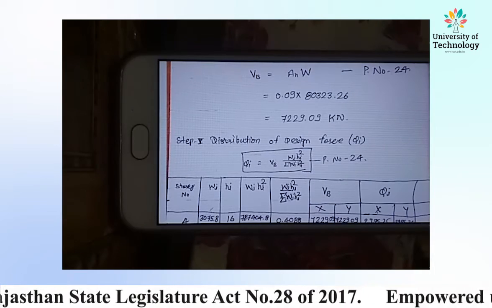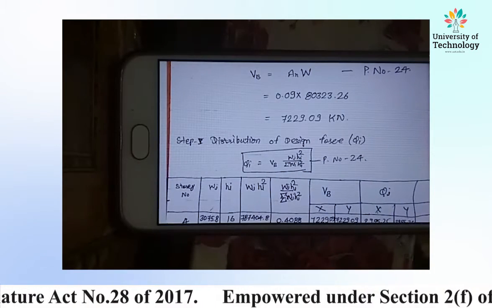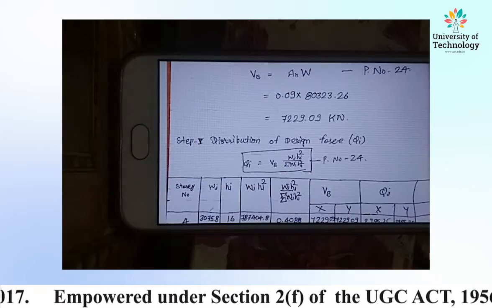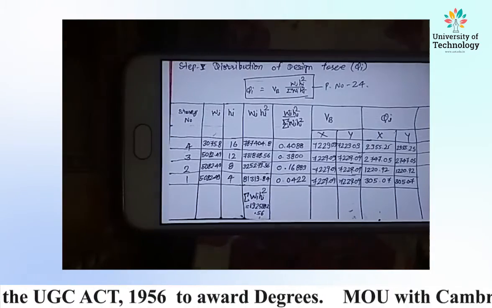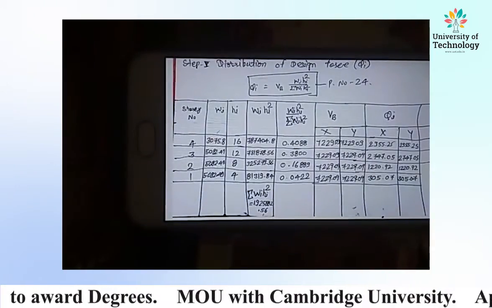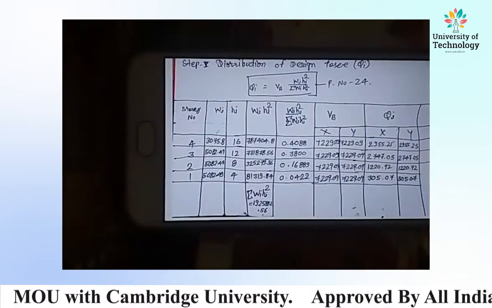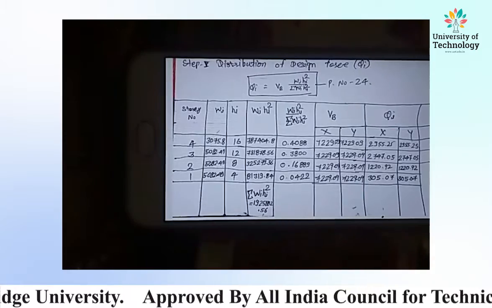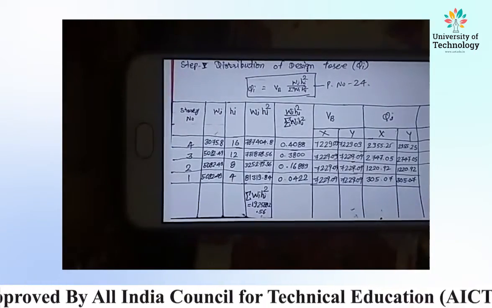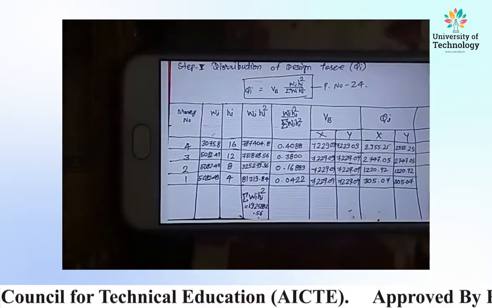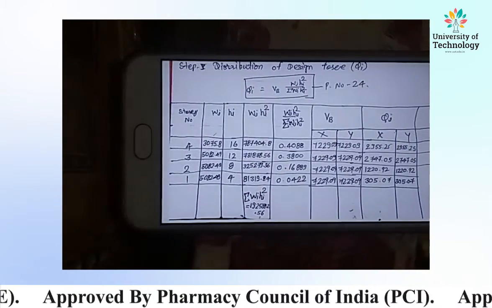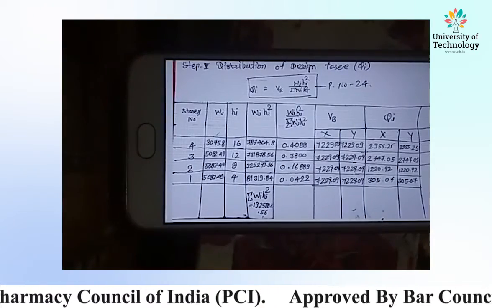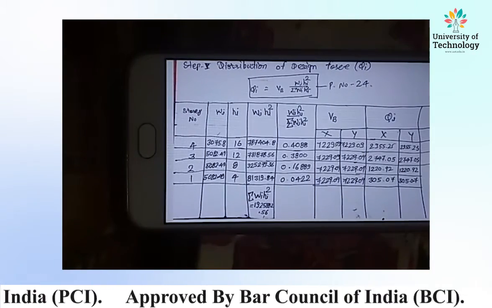In this respect we have to follow a table format. The story numbers are given in the first column as 4, 3, 2, 1, then the Wi value for each story.